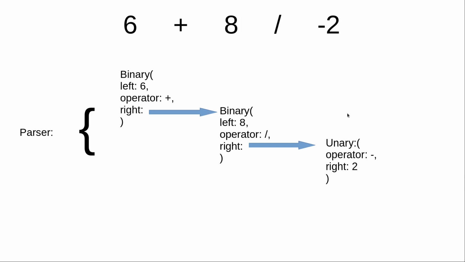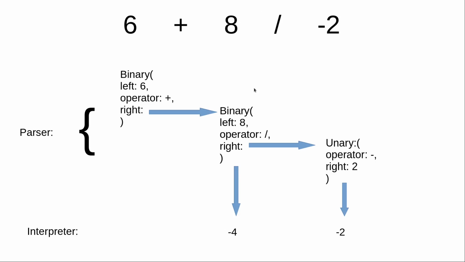What our interpreter would do from now on is interpret all of this. So it's going to actually start from here. This unary expression is going to be converted into minus 2. And then this whole binary expression, 8 divided by minus 2, is going to give us minus 4.